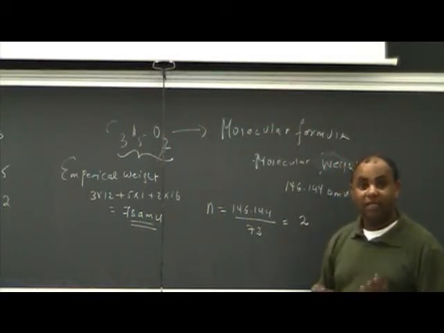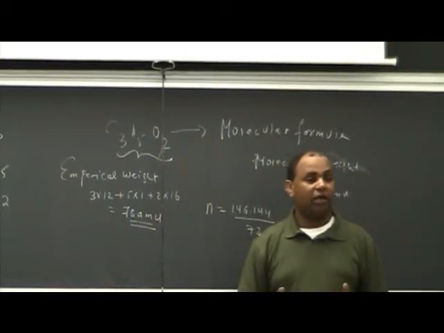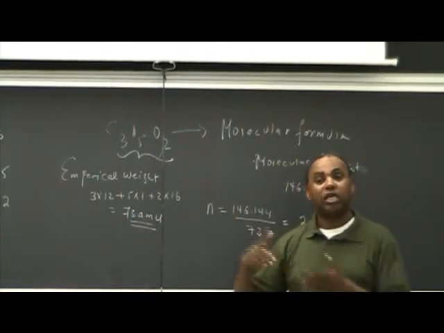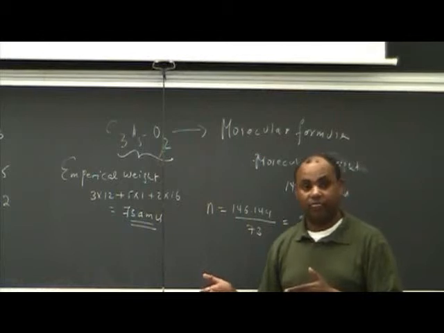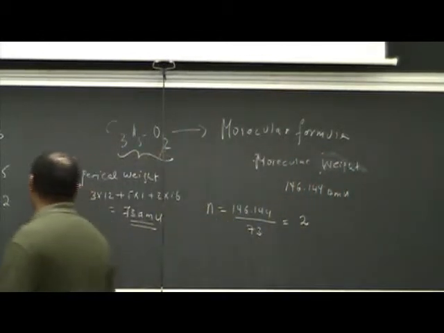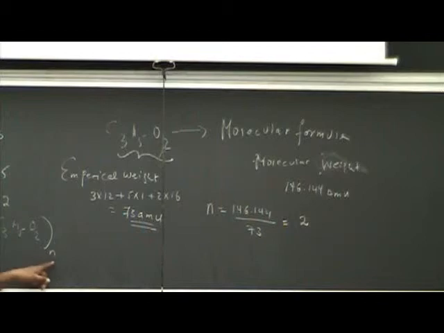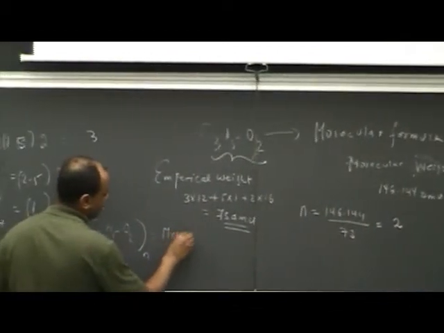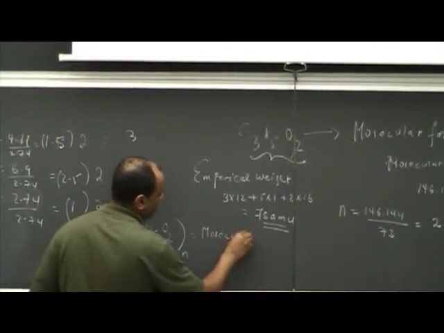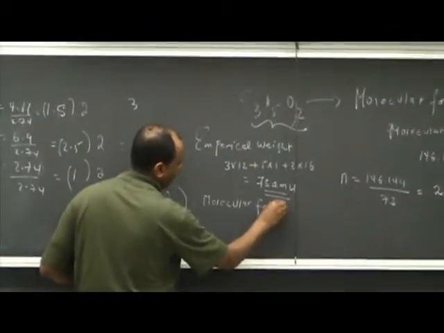And the factor N helps us get to the molecular formula. Our empirical formula is C3H5O2, multiplied by N, which gives you the molecular formula.